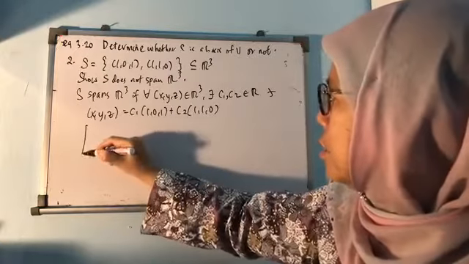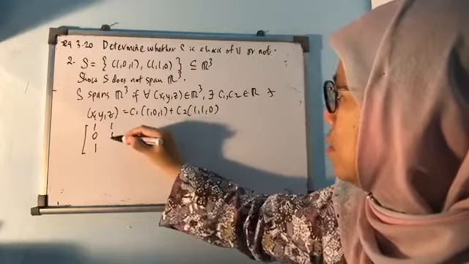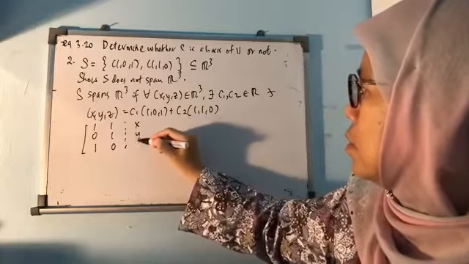So again you write 1, 0, 1 and 1, 1, 0 with x, y, z.